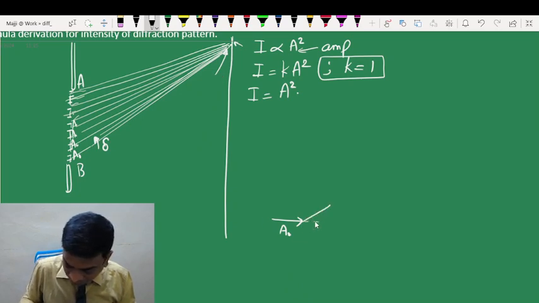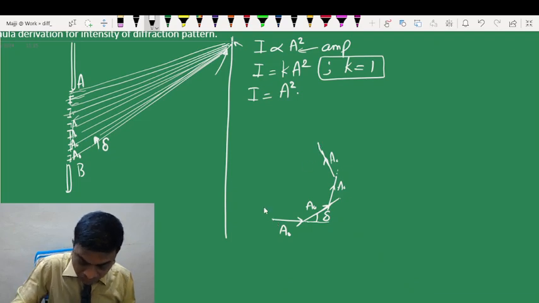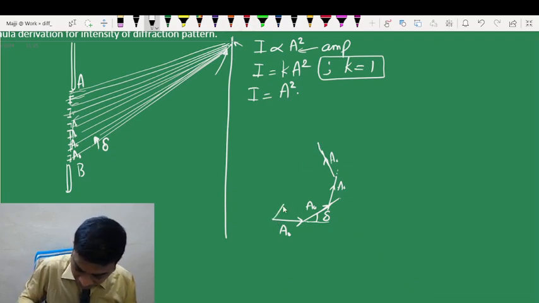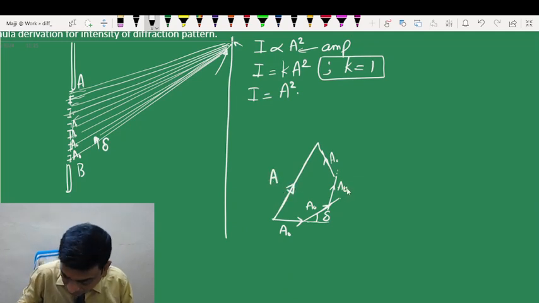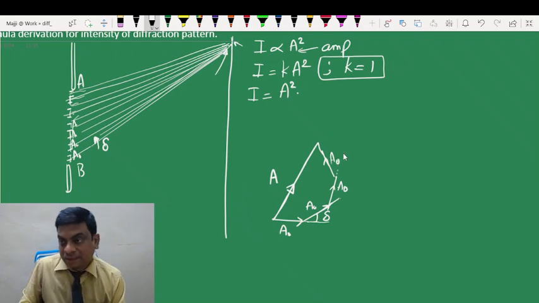Then from here we have to take another a naught at an angle delta. Then from here another a naught, then another a naught, and so on. Okay. So this will be the resultant amplitude from here to here. So we have to understand this.